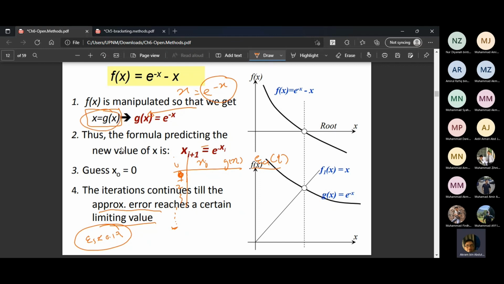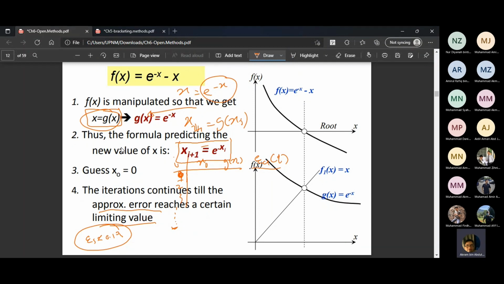So we get g of x equal to exponent negative x. By using the fixed point iteration formula, x sub i plus 1 is equal to g of xi, so we can write it as this equation.